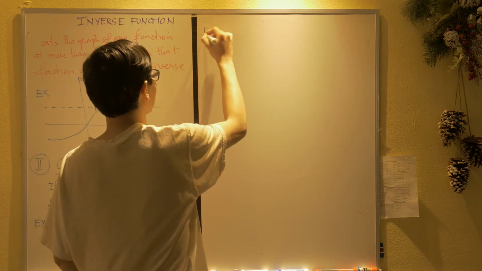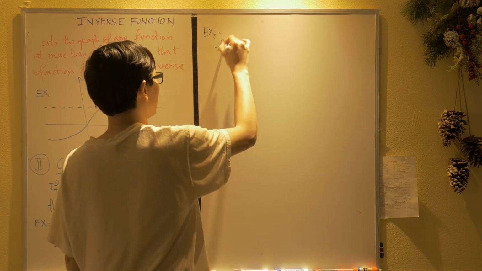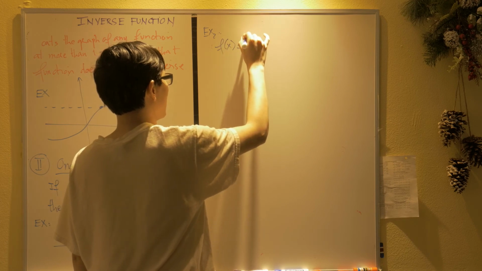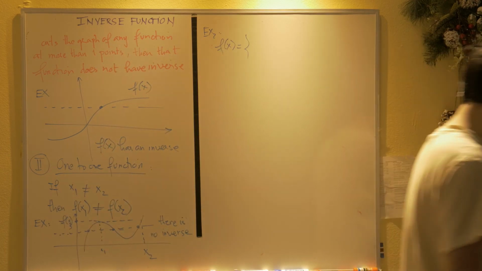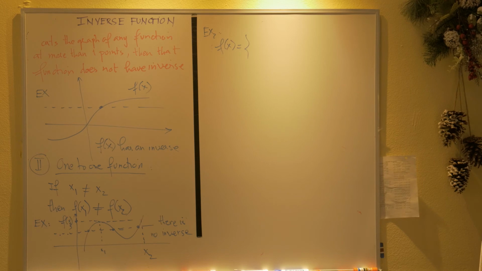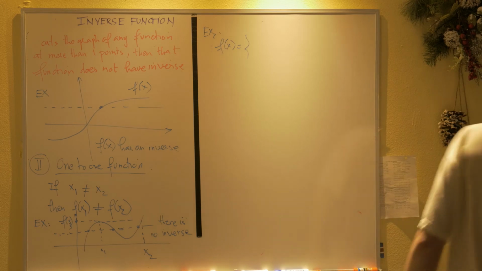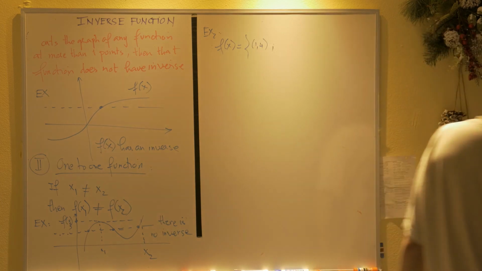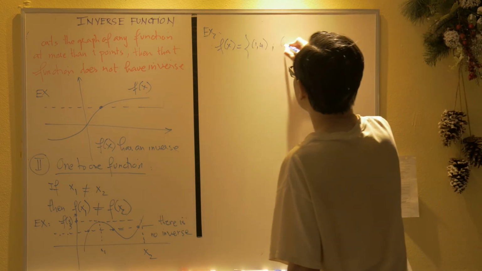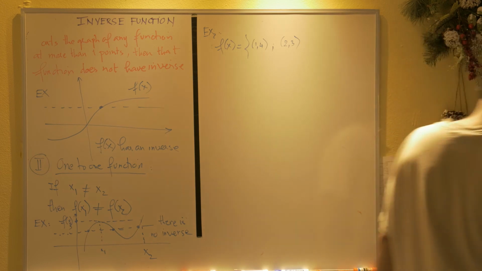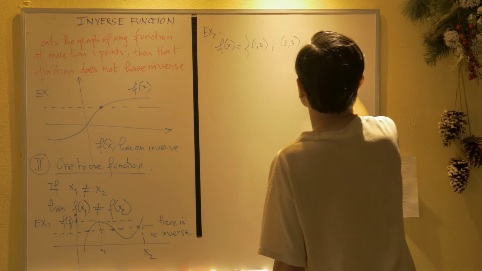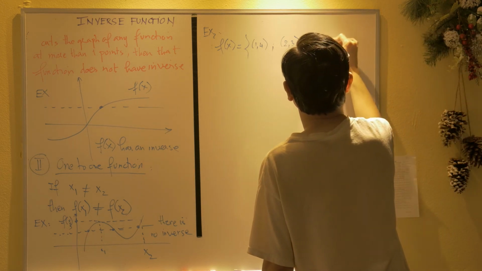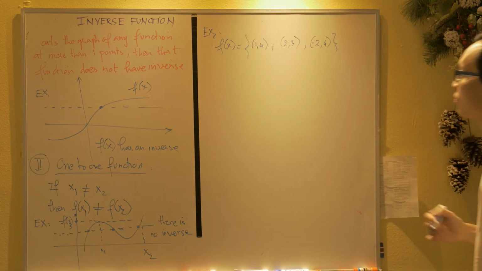Example 2. I have f(x) that contains 3 points: (1, 4), (2, 3), and (-2, 4).